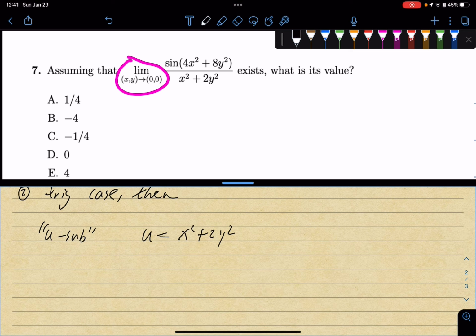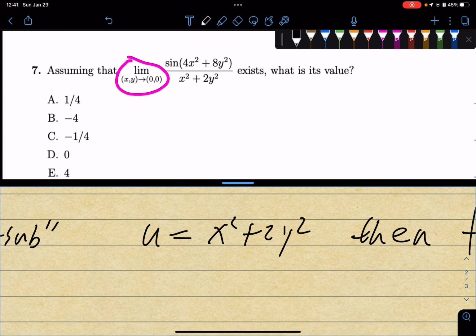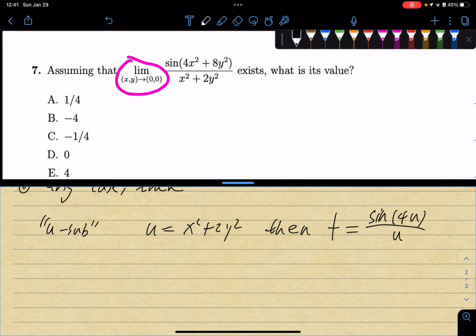So then the function can become sine of 4u and the sine of u over u. So why can we do this? The idea is that we define a variable u that encapsulates all combinations of x and y. So it doesn't matter what the combination is anymore. It doesn't matter if it's x equals 0, y equals 0, or y equals mx or something like that, and also cubic, square, parabolic approach. It's all encapsulated in this variable u.